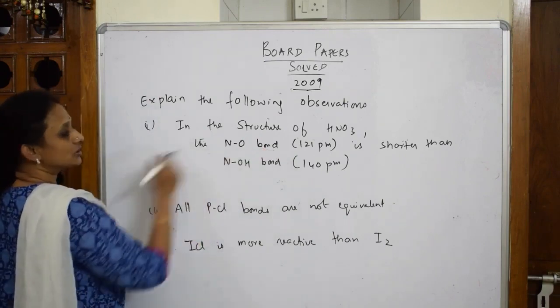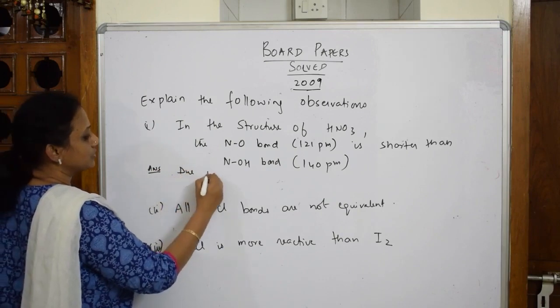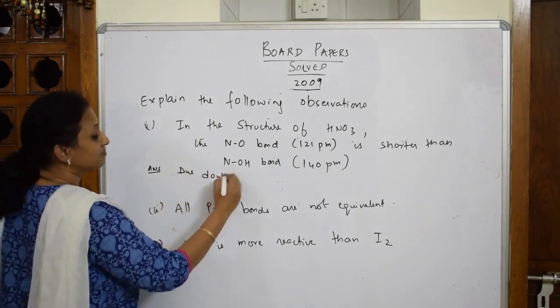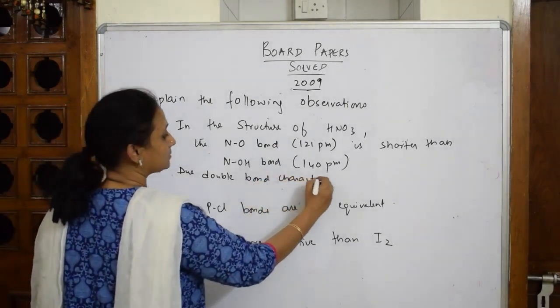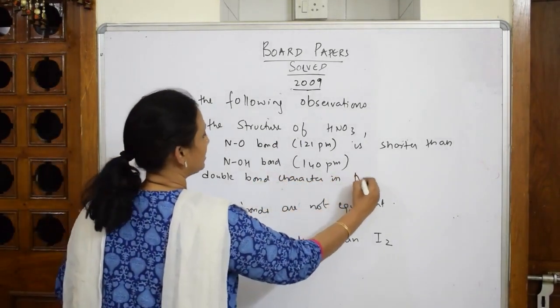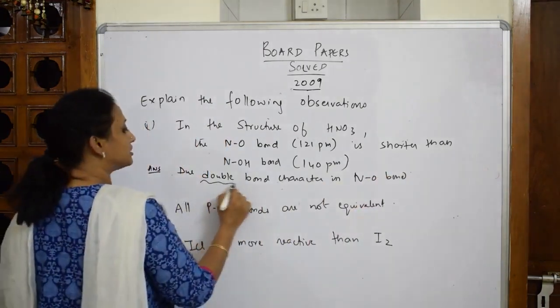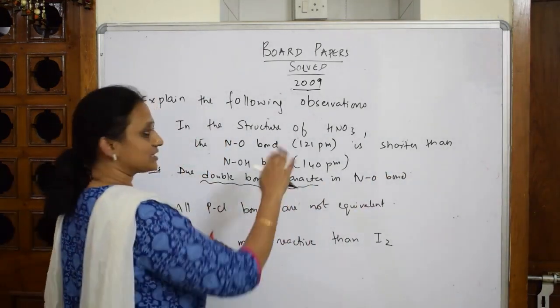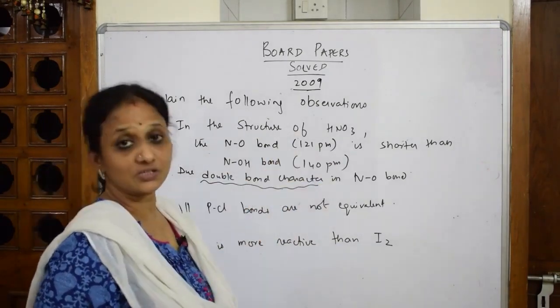So why is this shorter? Just write the answer: due to double bond character in the N=O bond. That's it. This explains the whole concept.